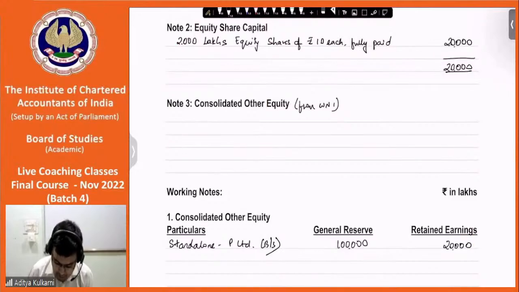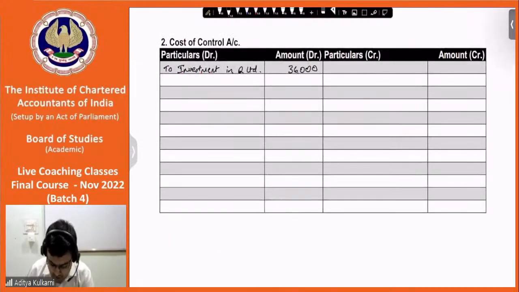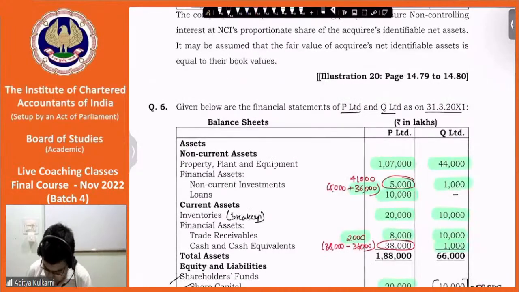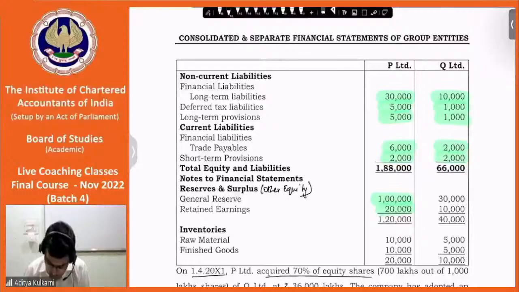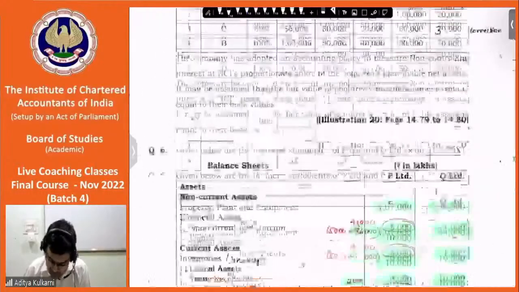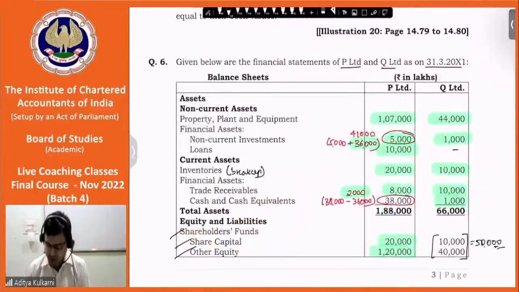Let us then proceed to the next step, to investment in Q Limited. Now, P and Q, everything is done. Q also, everything is done except these two items, which is share capital and other equity. So we now come to the share capital of Q. This share capital, what do I do?